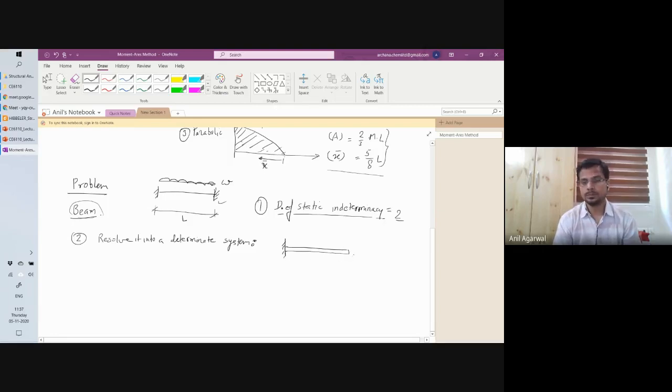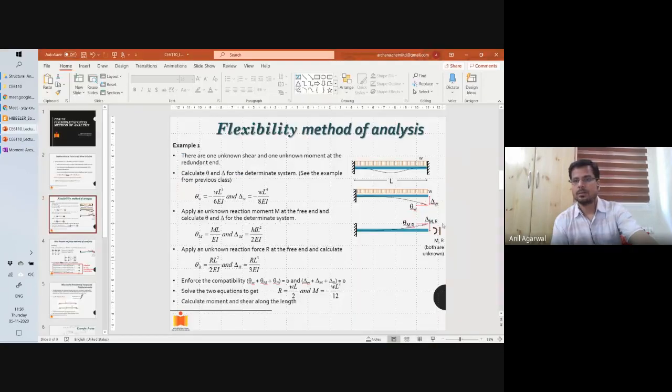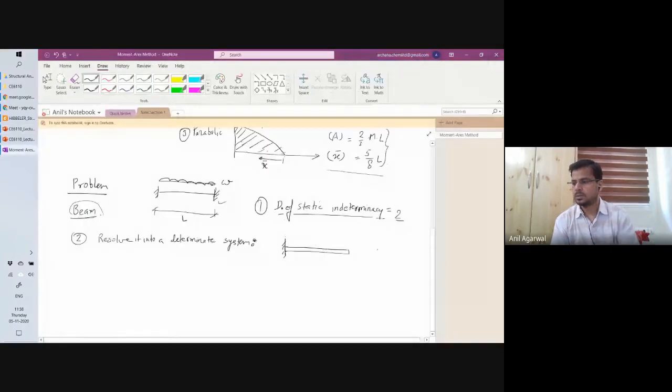So in this one, which degrees of freedom am I releasing? I am calling them M and R. What I'm releasing here is delta, or there will be an unknown force R which I am releasing.